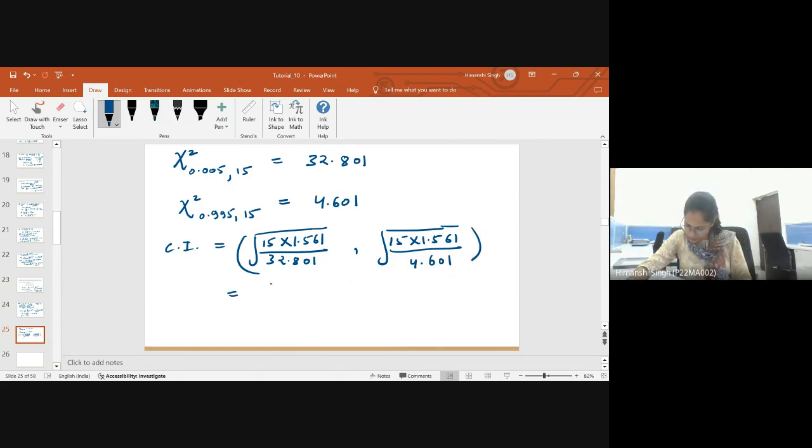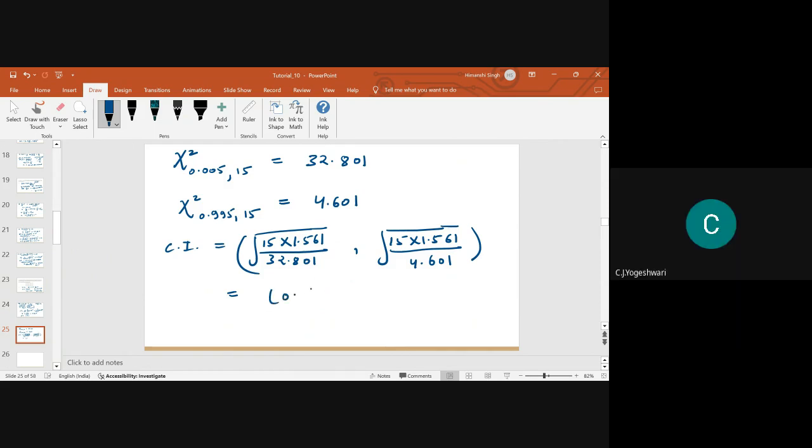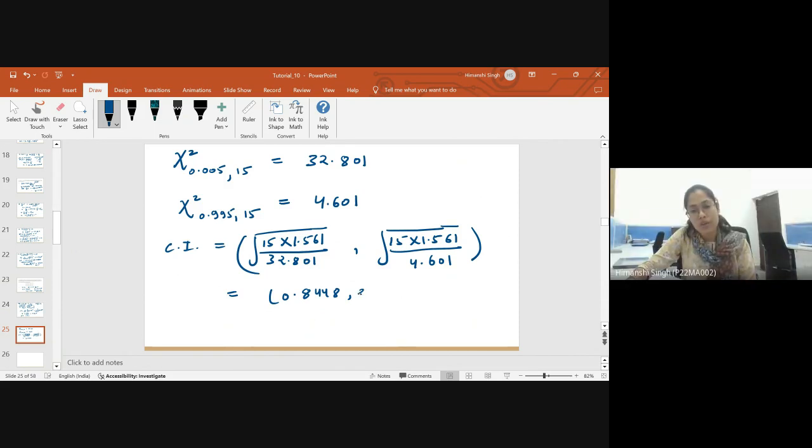When you evaluate it, the values will be 0.8448 and 2.2559. Yes, it's correct.